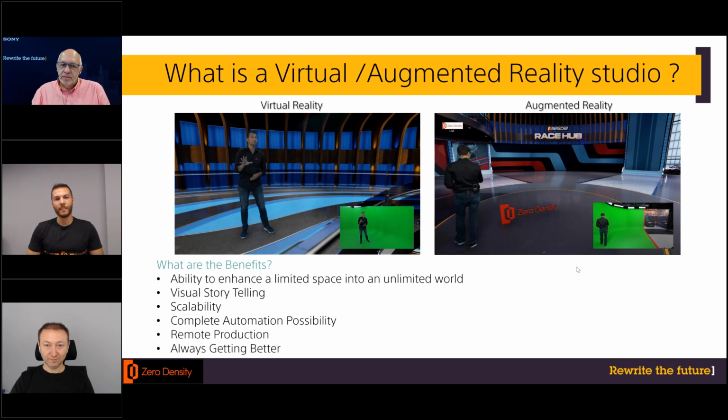And augmented reality is usually the conventional or practical setup with some augmented or virtual graphics on top of your conventional shot. So those are the two main use cases for the technology.